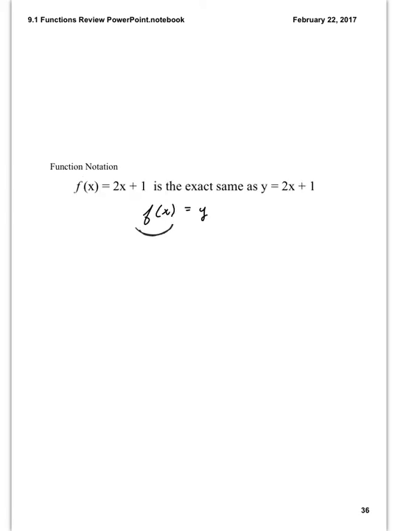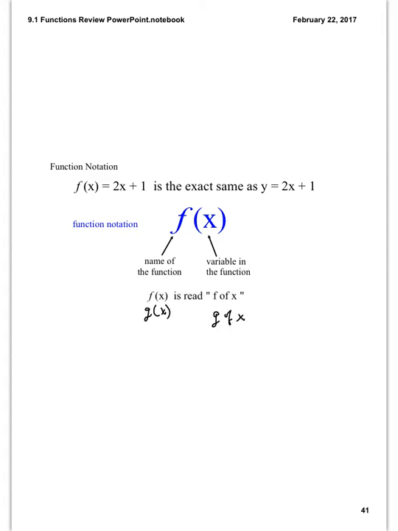F of x, this notation is the exact same thing as saying y. So that means that this sentence is the same as this sentence. F of x, again, the f part is the name of the function, and the x is the variable within that function. f of x is read f of x.